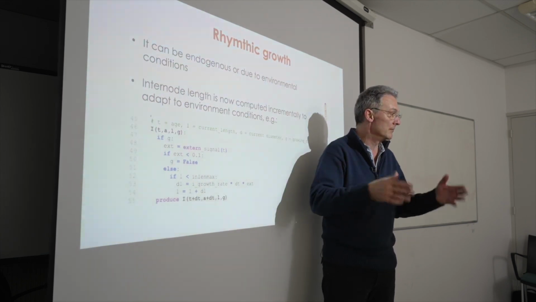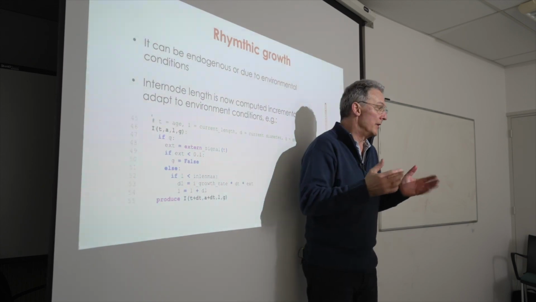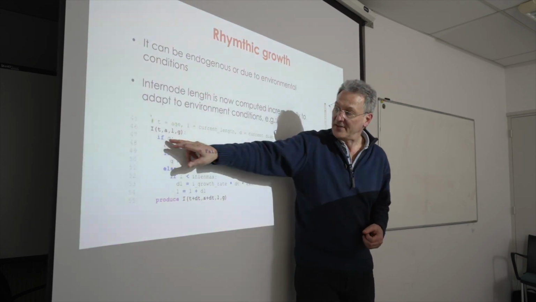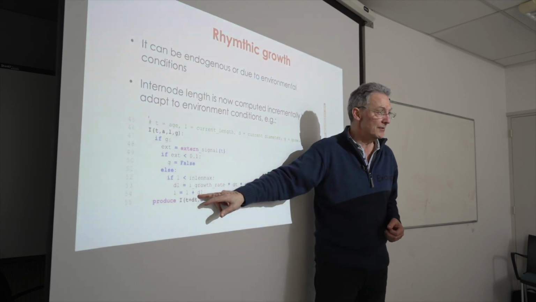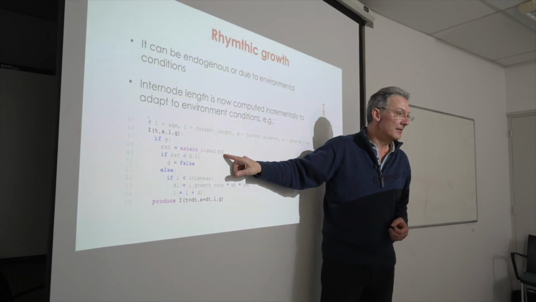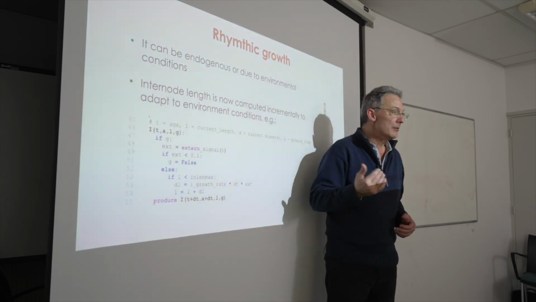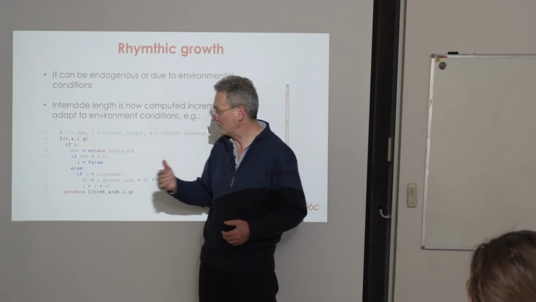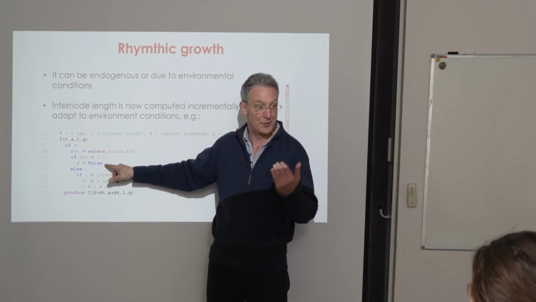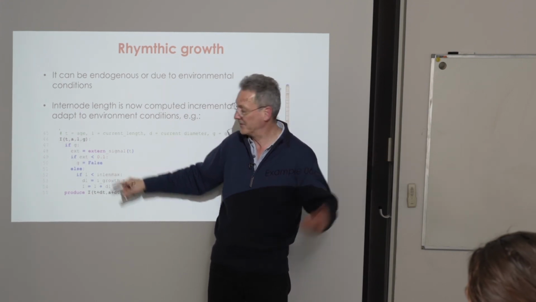If I'm not growing, I don't move; I just feel the time that is passing. But if I am growing, I do a lot of things. Among them, I look at the external signal, and if the external signal is below a certain threshold, my state becomes false, which means I stop growing for the next steps.